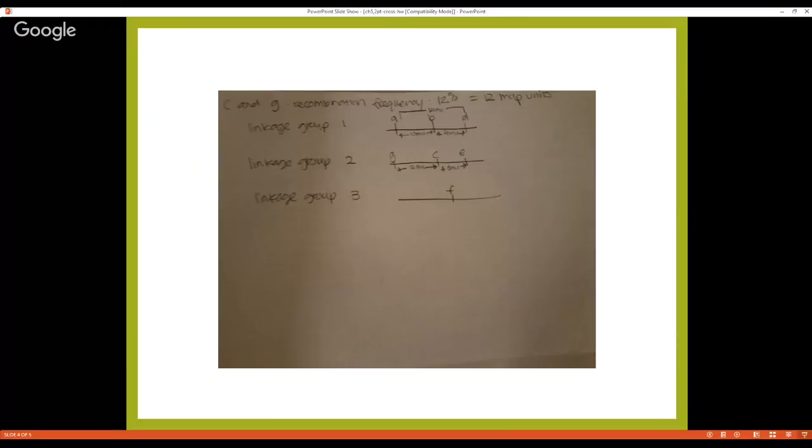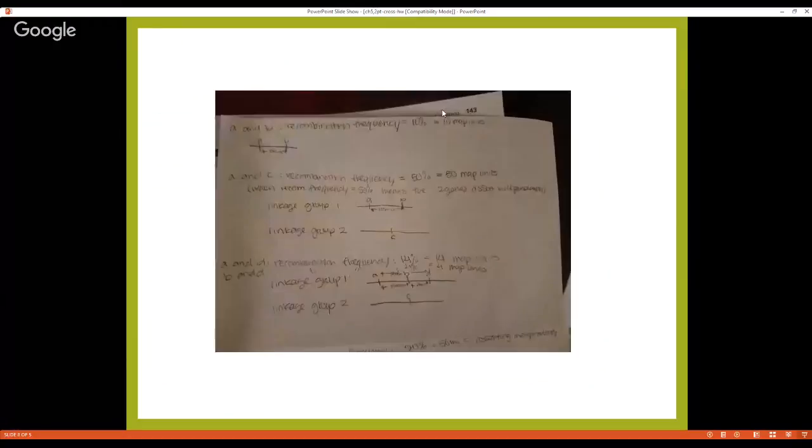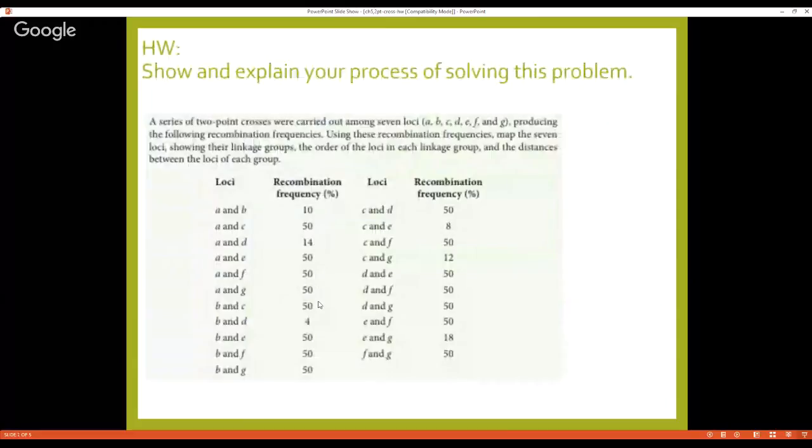And then the final step would be relating G, and it says that C and G have a recombination frequency of 12%. If we go back and look, A and G have a recombination frequency of 50, B and G have a recombination frequency of 50, and B and F 50.